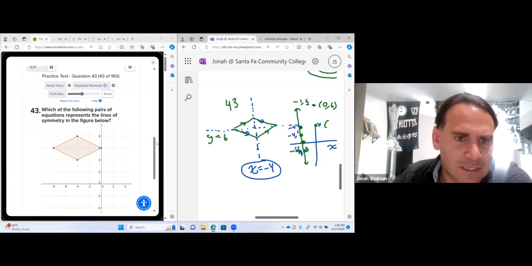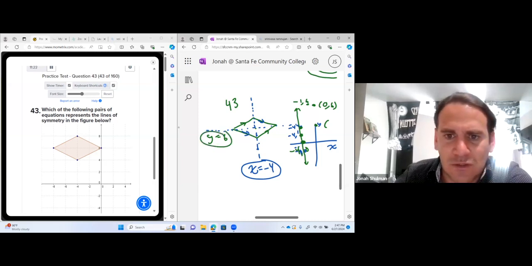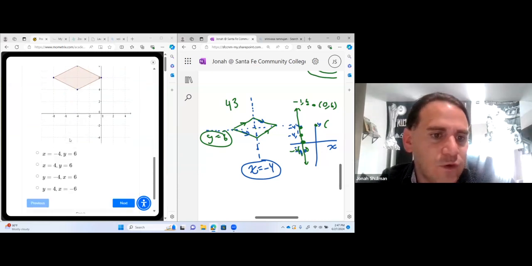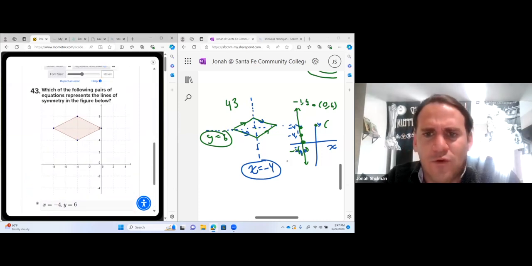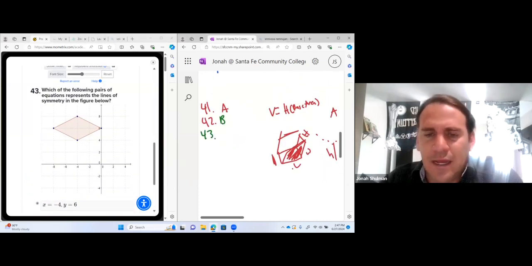All -1, 6, -2, 6, -4, 6. So that's the answer. So the lines themselves are actually y equals 6 and x equals -4. So for 43, I got A. All right, let's go to 44.